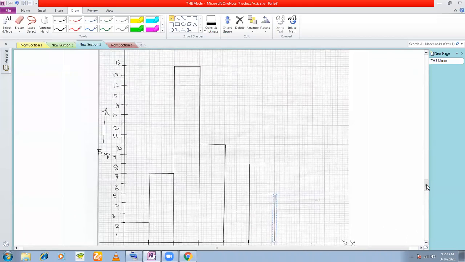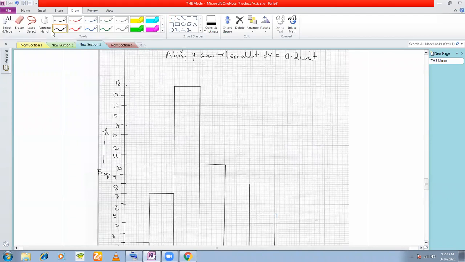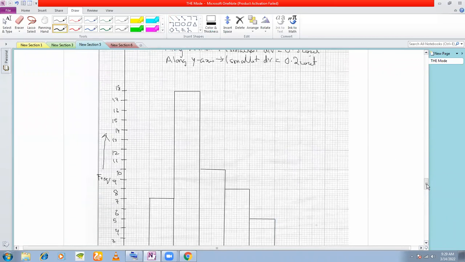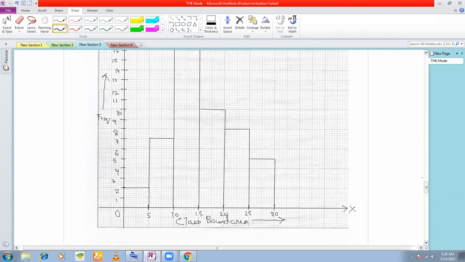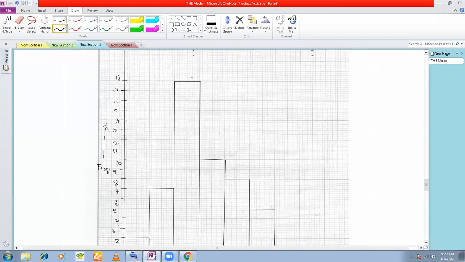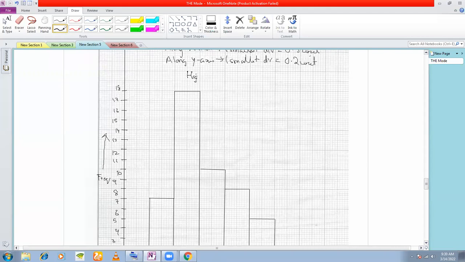Now the question is, once we have completed the histogram, how to find out the mode? Now to find out the mode, locate the highest tower. Okay, all these look like towers. Locate the highest tower or the highest rectangle. Which is the highest tower? This is the highest tower, right? This one, right?